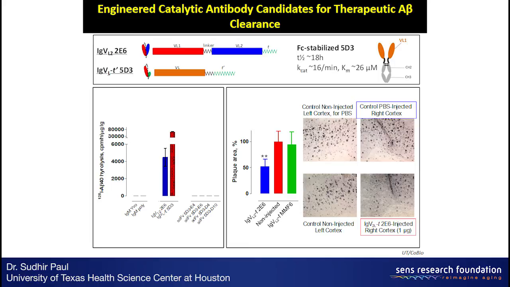We are developing stable forms of these fragments shown on the right. These are the VL domains attached to the constant domain. The purpose is to increase the half-life of the engineered antibody in vivo.